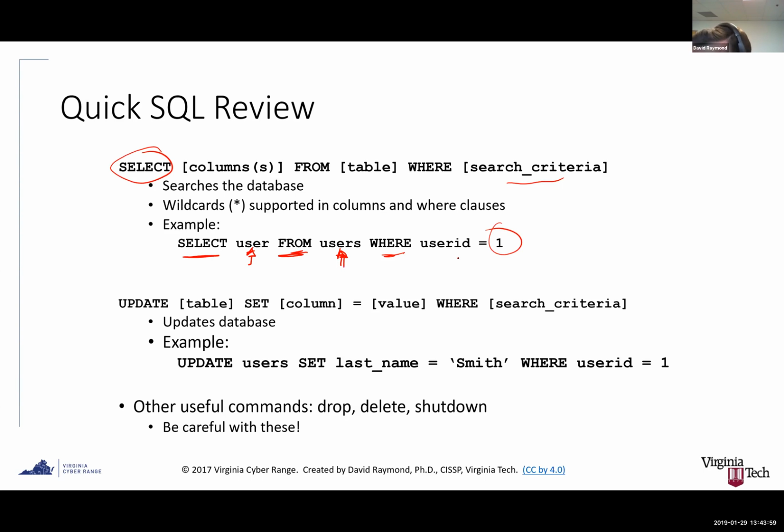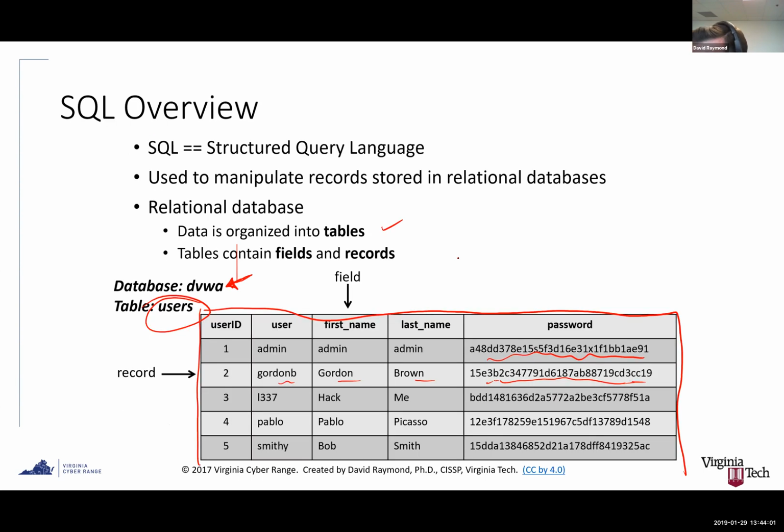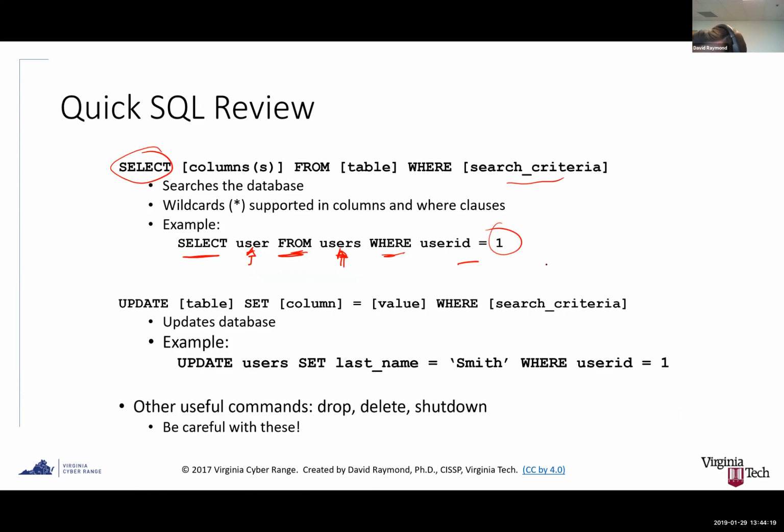So if we go back to our example table, if we say select the user field from the users table where the user ID equals 1, then what you're going to get returned from that select statement is admin.